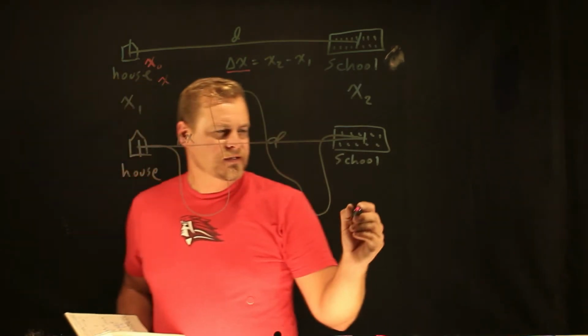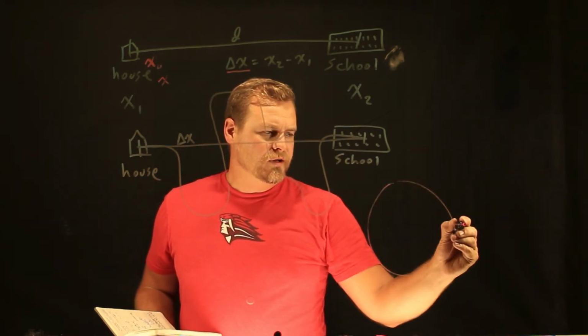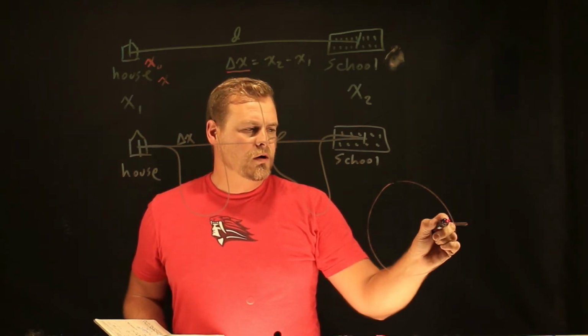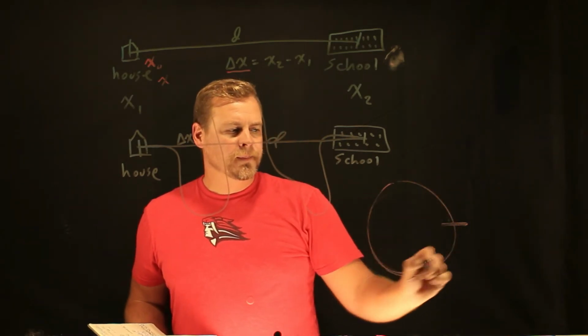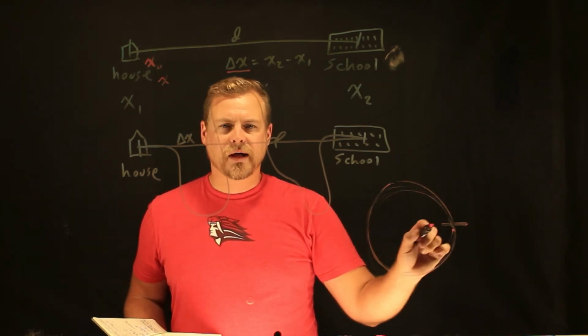You can look at it the same way on a racetrack. If you have a start line and a finish line, when those cars go around the racetrack and they do their 200 laps, they've put in a lot of miles on those tires.